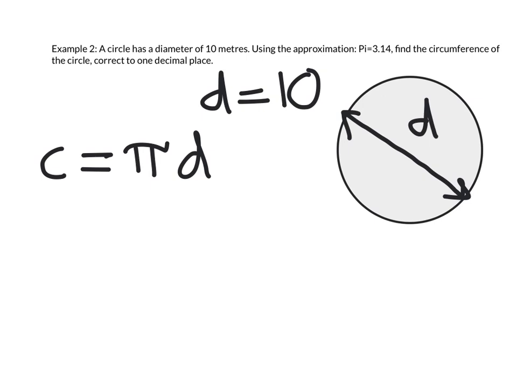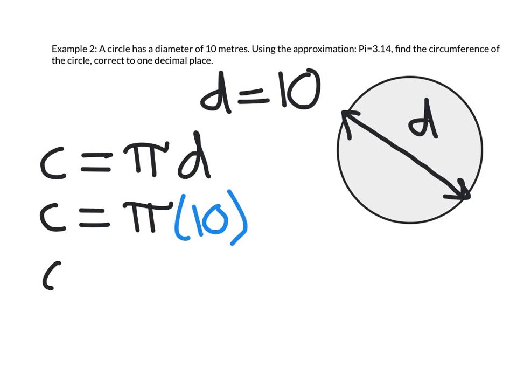And again, all we have to do to find the value for that circumference is substitute in the value that we have for d, and in this case we're told that d is 10. So we're going to substitute in that 10 instead of d into that equation, and again we can just write that as an exact answer, c equals 10 times pi, or 10 pi there, which is always a good thing to have on your page.